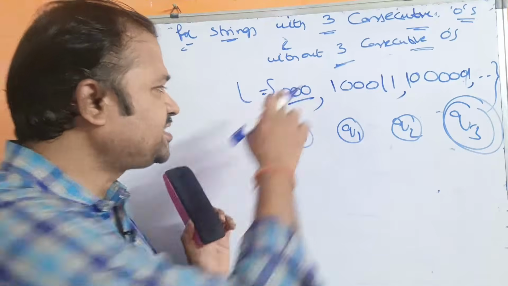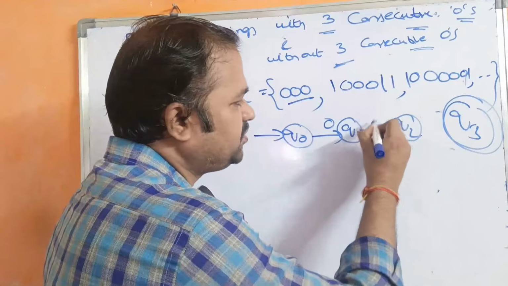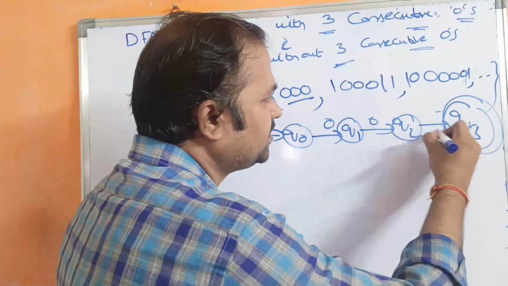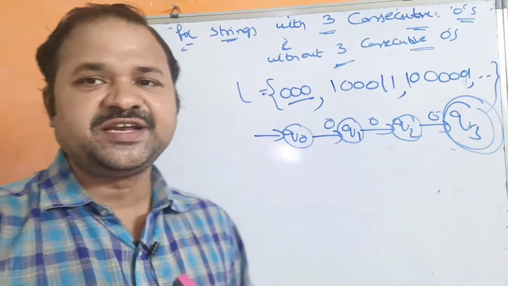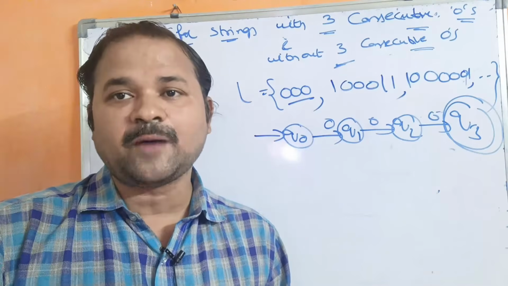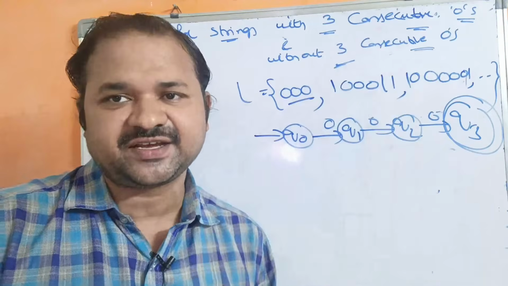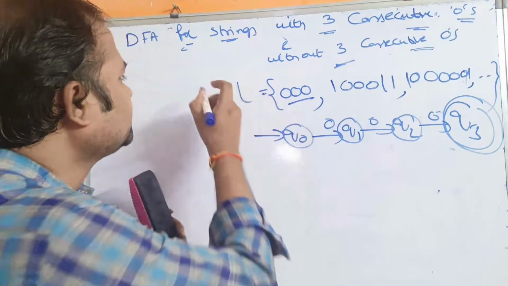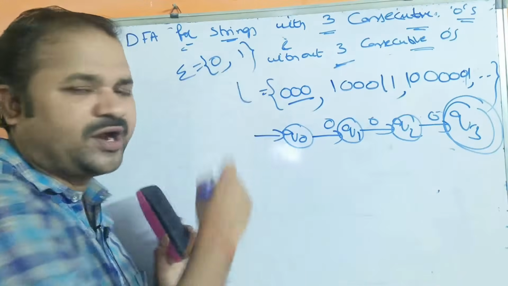So what is the minimum string? 000. So Q0 on 0 means Q1. Q1 on 0 means Q2. Q2 on 0 means Q3. Next, DFA means we have to apply input alphabet symbols on each and every state. Here we have 0, so that means the input alphabet contains 2 symbols, 0 and 1.